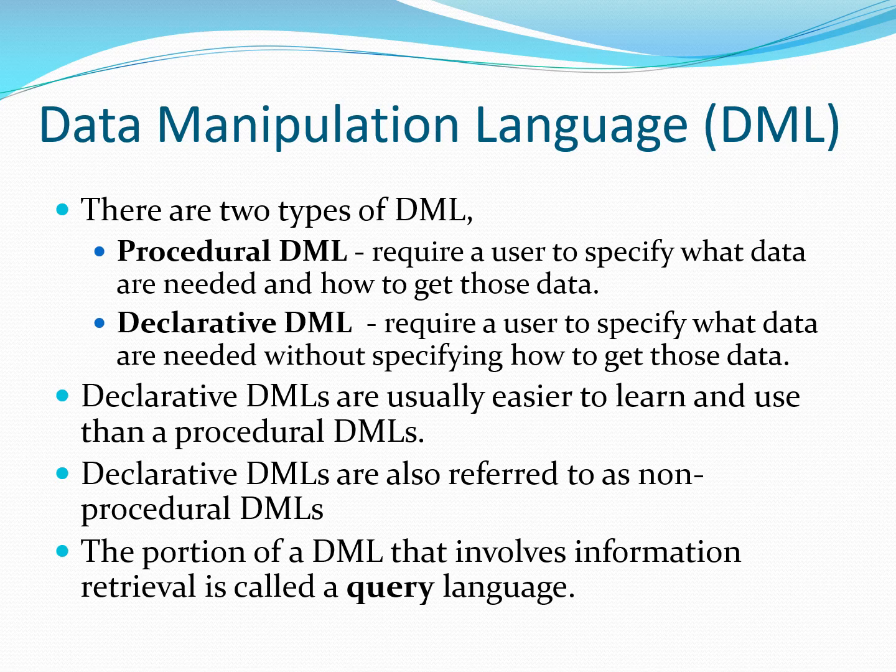But in procedural, it will be giving you where to get those data or how to get those data, everything will be given. If it is student, you can collect it from college or school or universities. But if it is any other data, we can collect the details from any institution or any other organizations. So declarative DMLs are also referred to as non-procedural DMLs. The portion of a DML that involves information retrieval is called a query language.